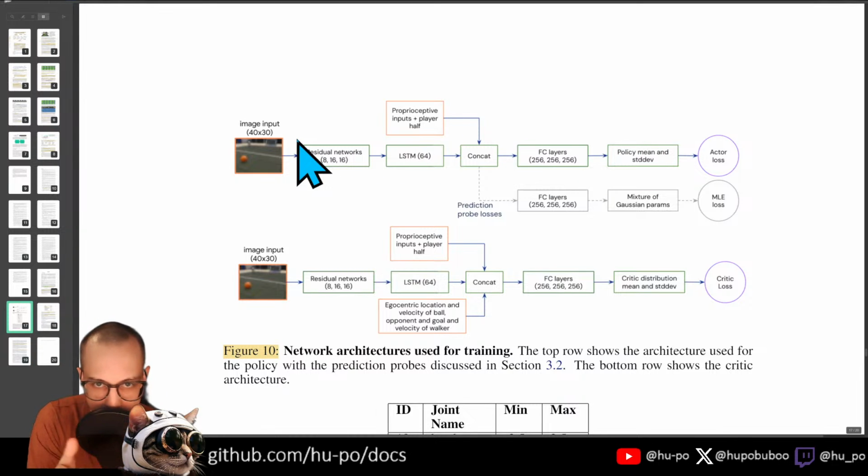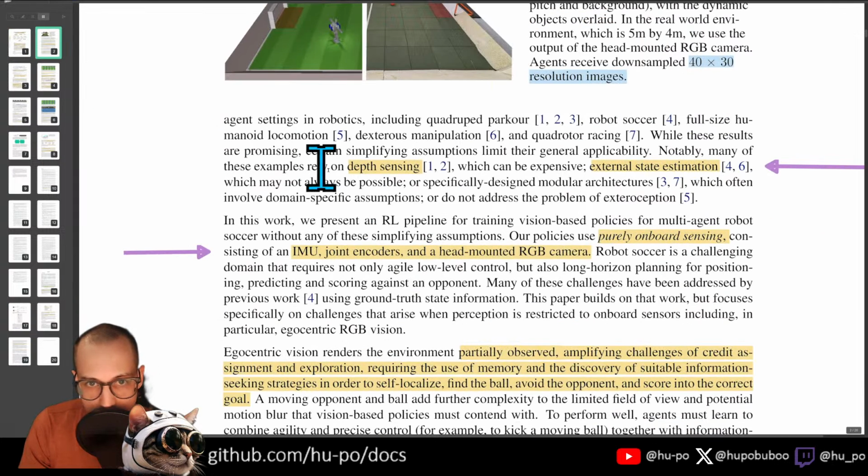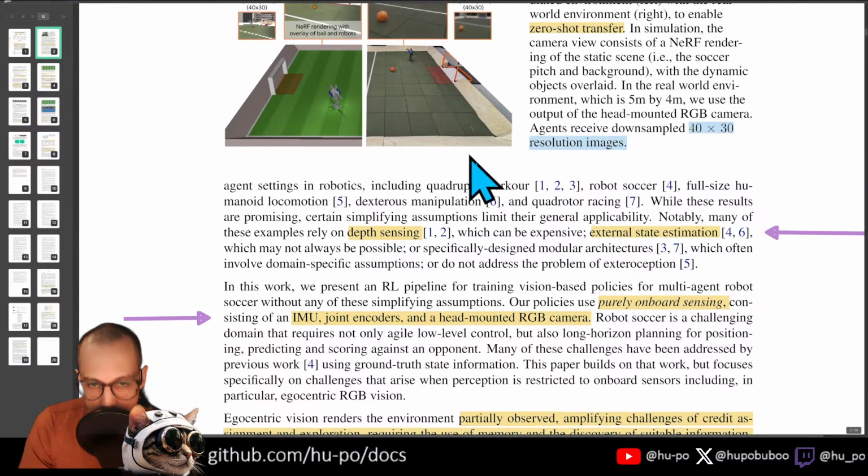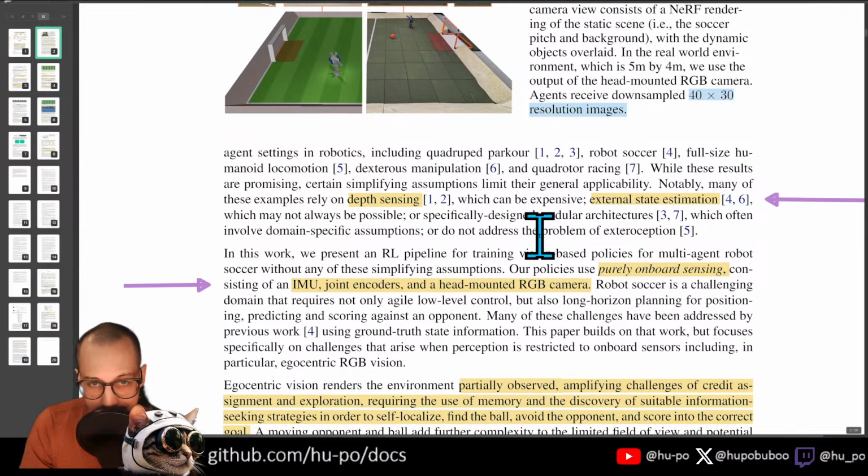It knows exactly where the ball is, where the opponent is, where its foot is. And that is a much easier problem to solve than what they do in this paper, which is entirely from vision, which is higher dimensional, partially observable, and a much harder problem. Not only that, but they also do it entirely onboard. So they run the final policy on the edge device in the robot, which is impressive, right?